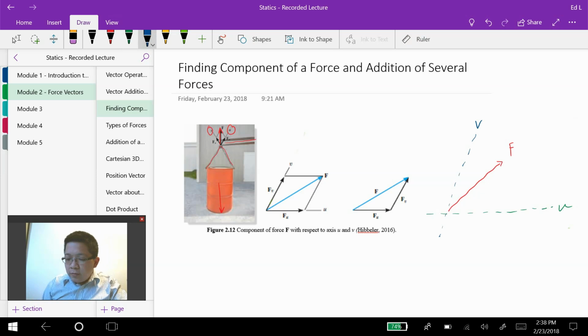So we can find the components of the force F with respect to U and V by constructing the parallelogram itself in here.